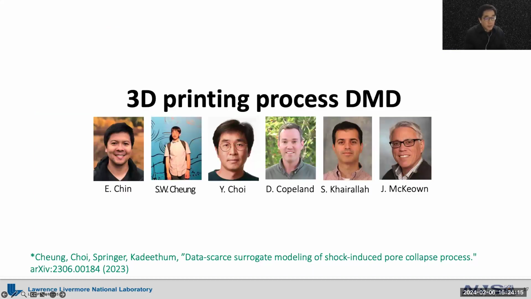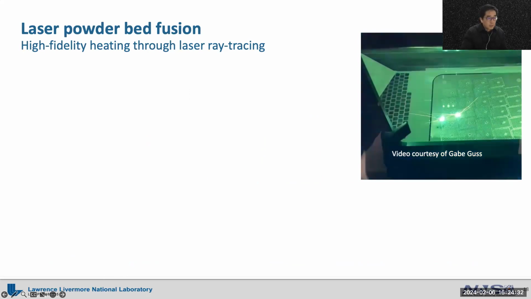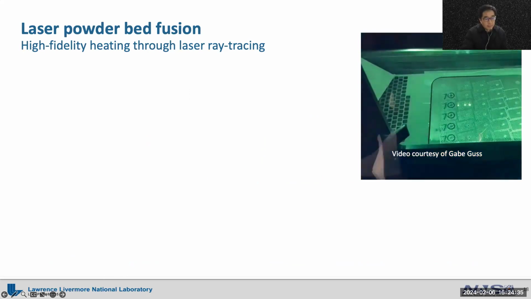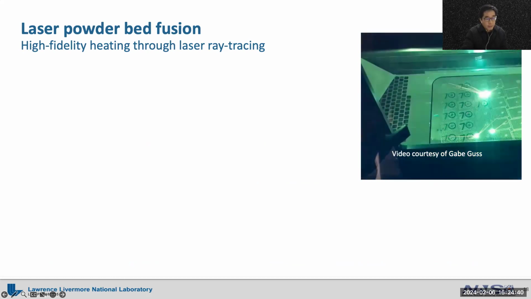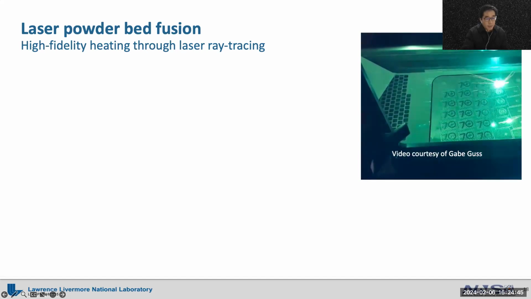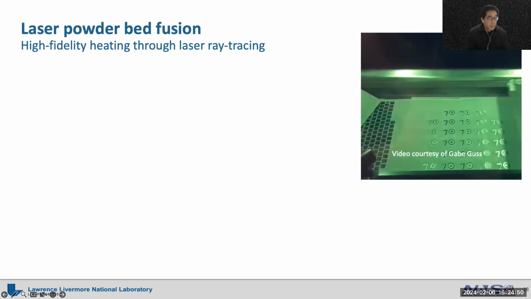So as a demonstration, consider applying this DMD to the 3D printing process, which was one of the simulations I showed at the beginning of my talk today. 3D printing has a lot of applications, is widely used, and revolutionized the manufacturing sector about 10 years ago, and it is still widely used in many different industries.